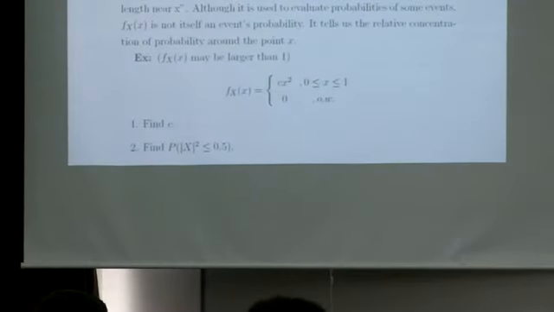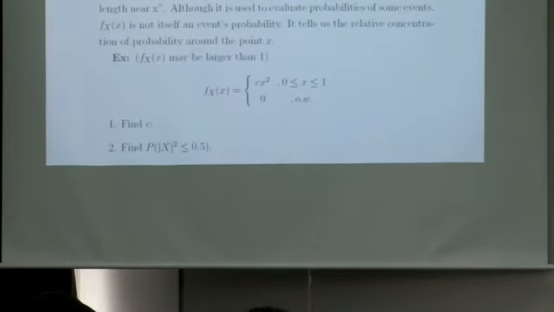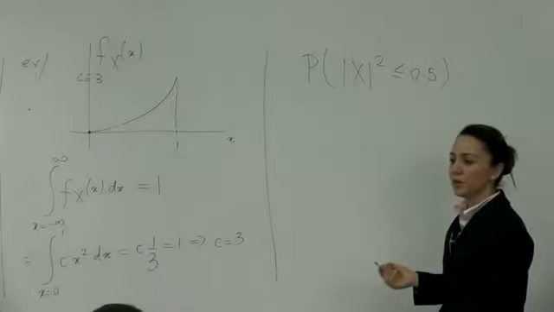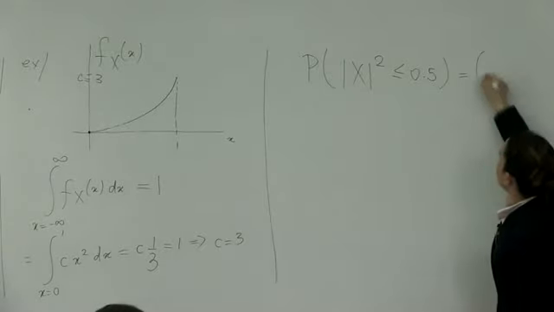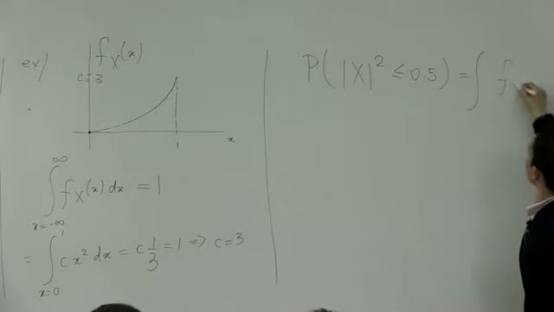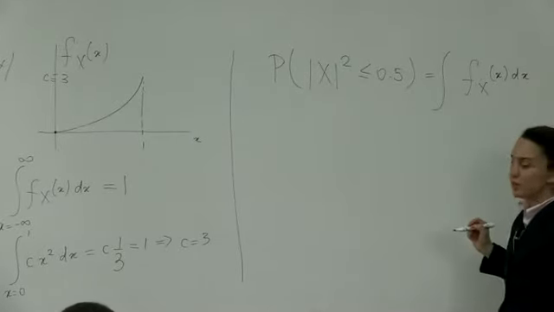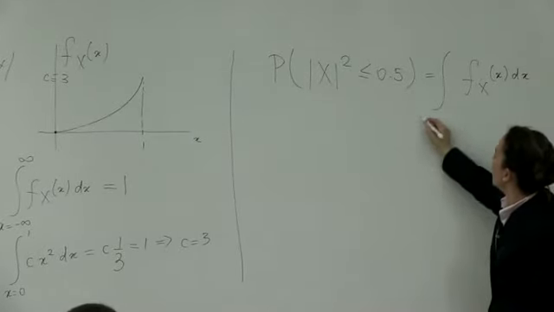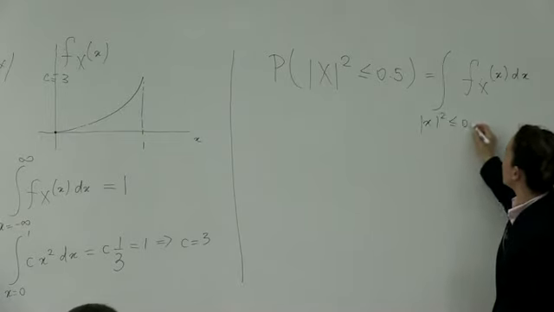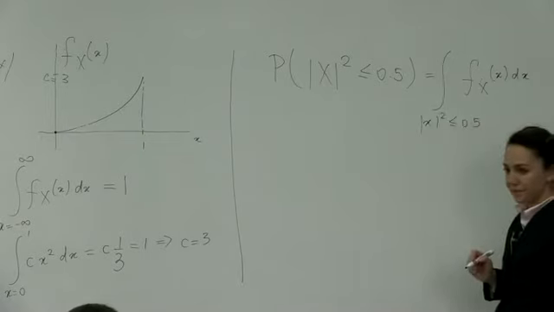The probability that x squared is less than or equal to 0.5. We integrate fx of x dx, the probability density function, over the region where x squared is less than or equal to 0.5.